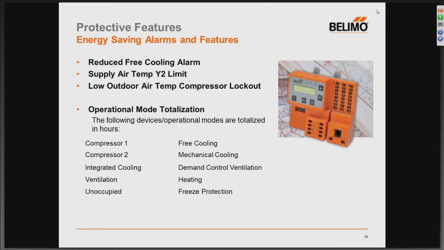Now, this data on the Zip Economizer itself can be used with some simple calculations to determine a percentage of what you are saving by not having your compressors on. And these hours are resettable. So if you're going in, doing a full upgrade to the unit, changing out the filters, doing routine maintenance, you can go in and reset all these hours to make sure they're set for seasonality.